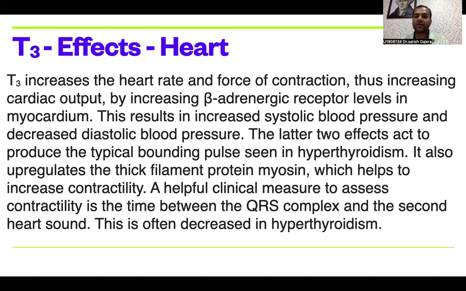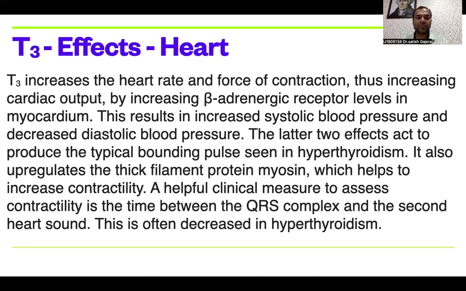Because of the lower diastolic pressure and higher systolic pressure, there is a dicrotic pulse, a double pulse. Typical bounding pulse is seen in hyperthyroidism.